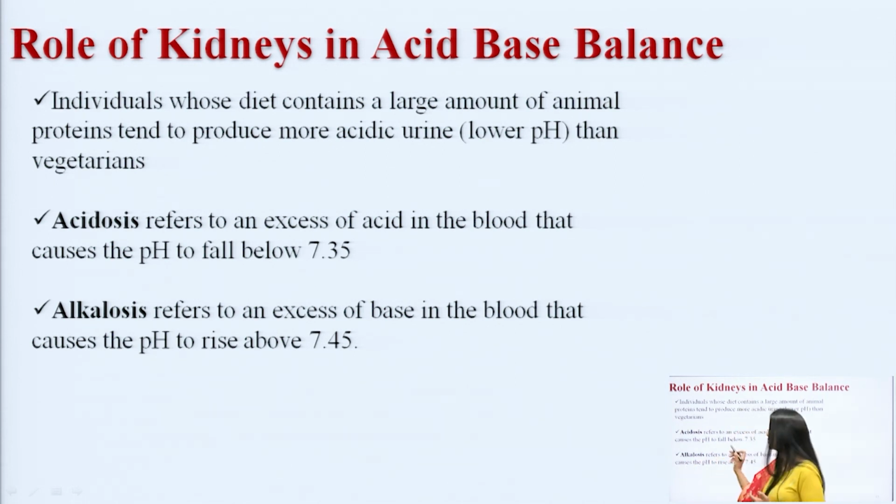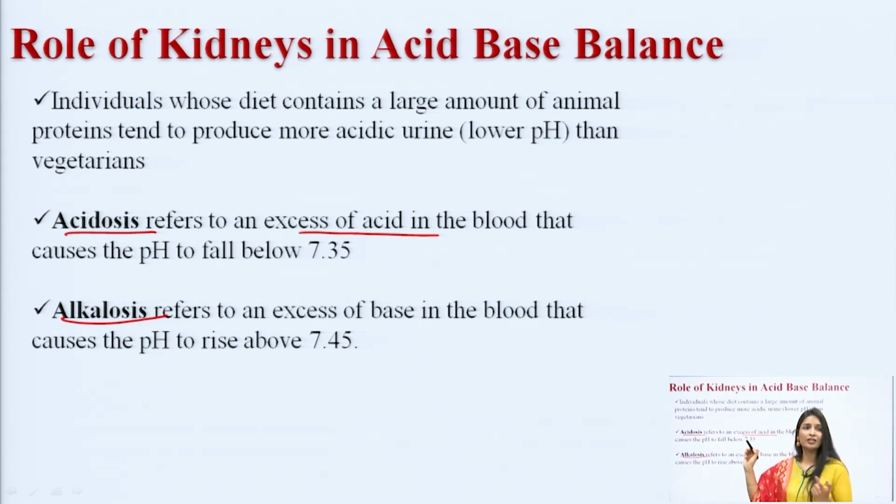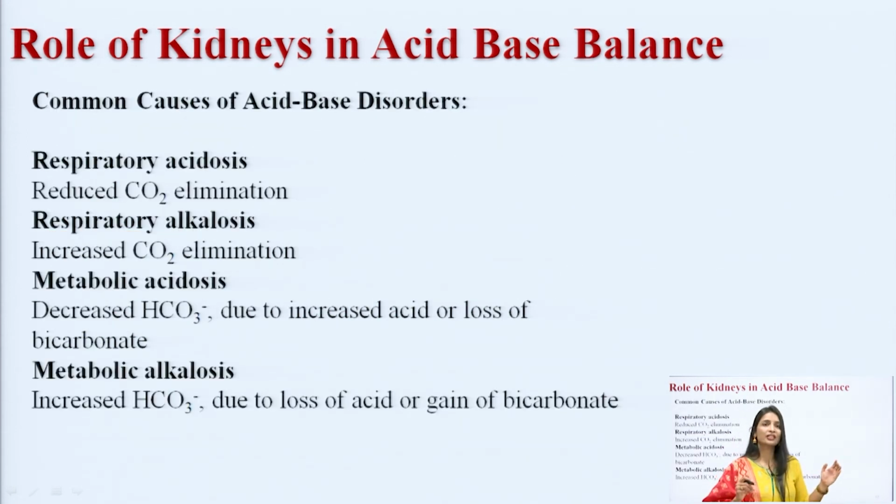As I said in my previous slides, acidosis refers to excess of acid in the blood, and alkalosis is excess of base in the blood. Next, these are the common disorders of acid base imbalance: respiratory acidosis, respiratory alkalosis, metabolic acidosis, and metabolic alkalosis. Metabolic acidosis is an increase of acid in the blood.